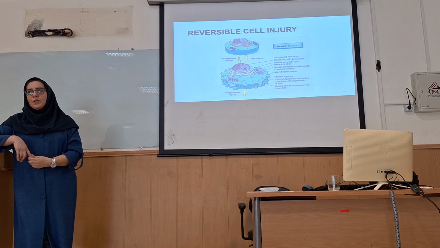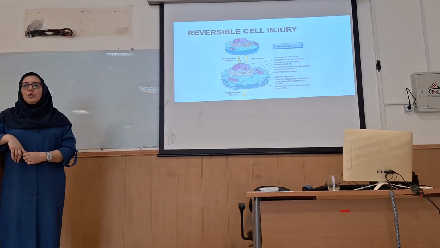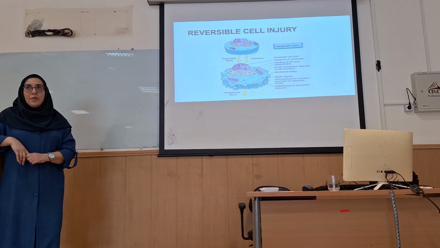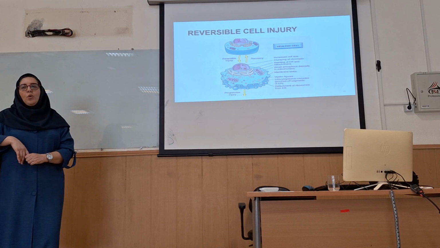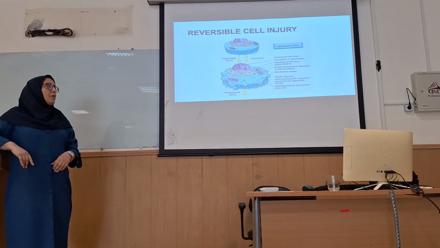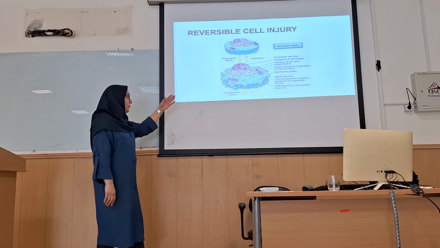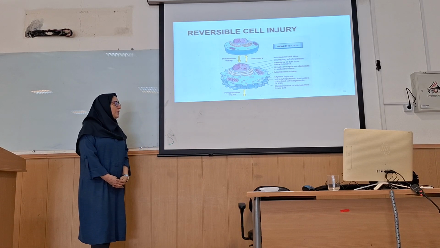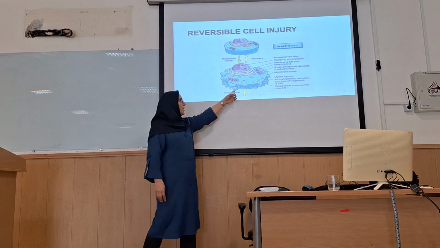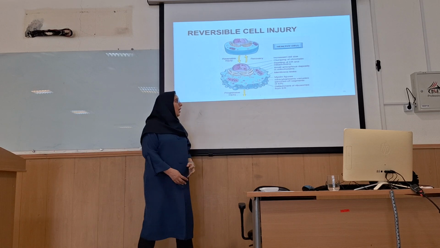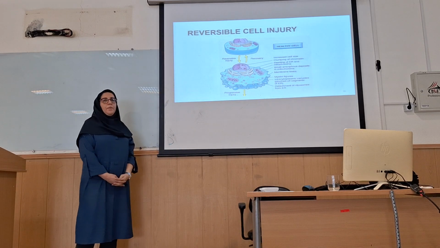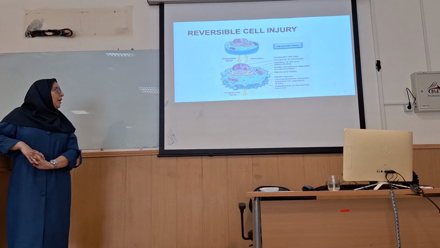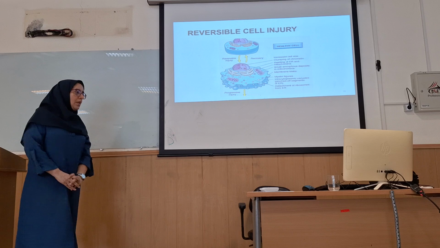Also, we have cytoplasmic accumulation of water, endoplasmic reticulum swelling, mitochondrial swelling, and presence of amorphous material in the mitochondria, detachment of ribosomes from the endoplasmic reticulum, and presence of cytoplasmic blebs. All the morphologic changes you see are reversible if the etiologic agent is removed.